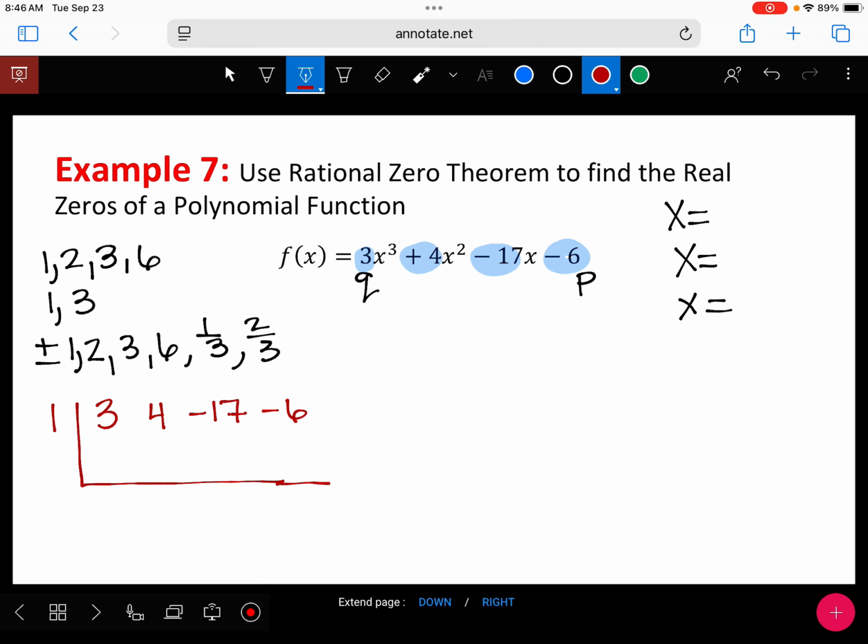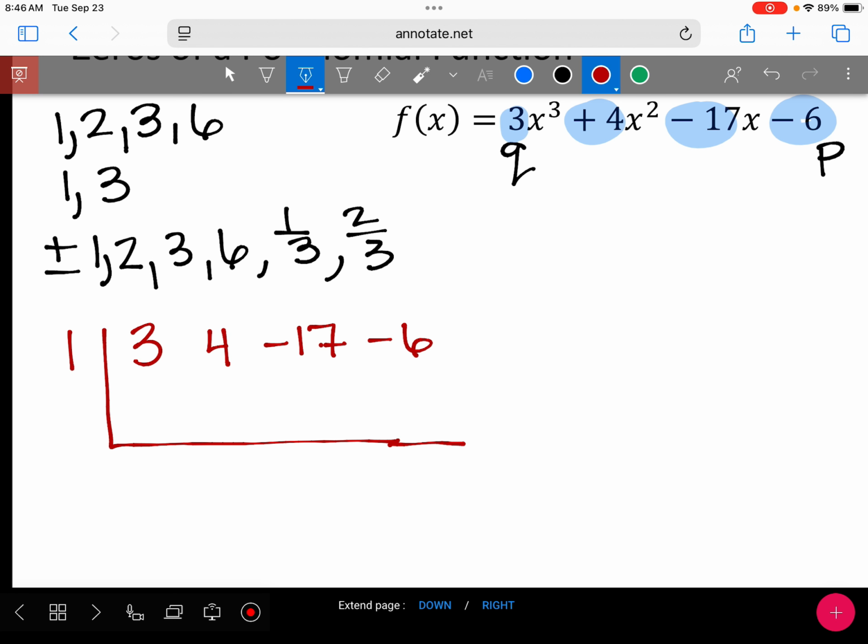So for synthetic, we just bring down that first number. And then you take the 1 times 3, you put that under the next number. And then you add. All right, so we're going to take 1 times 3, which is 3. Put that 3 here.